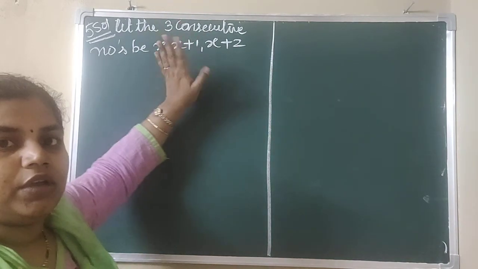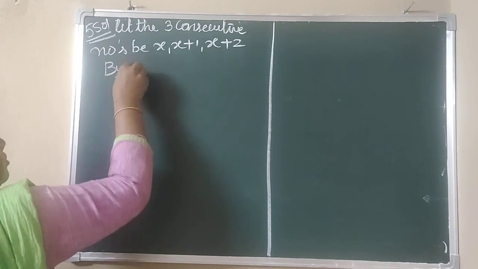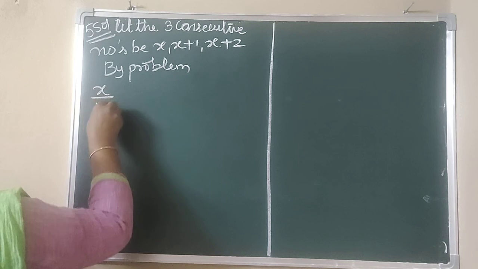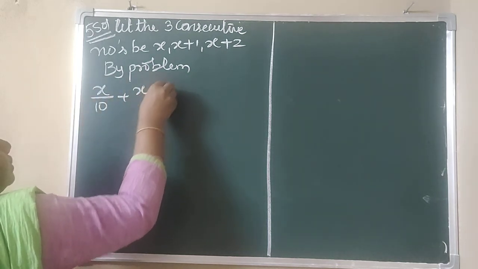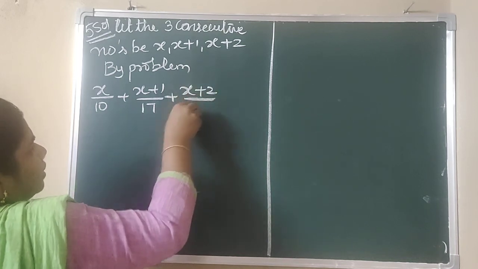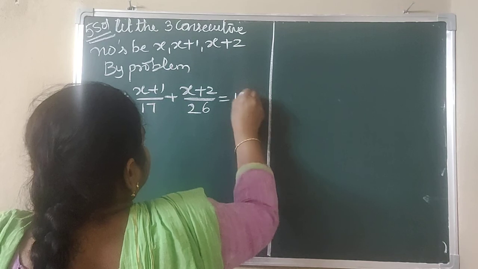After dividing you will get the result as 10 itself. So by the problem, x by 10 plus x plus 1 by 17 plus x plus 2 by 26 will be equal to 10.